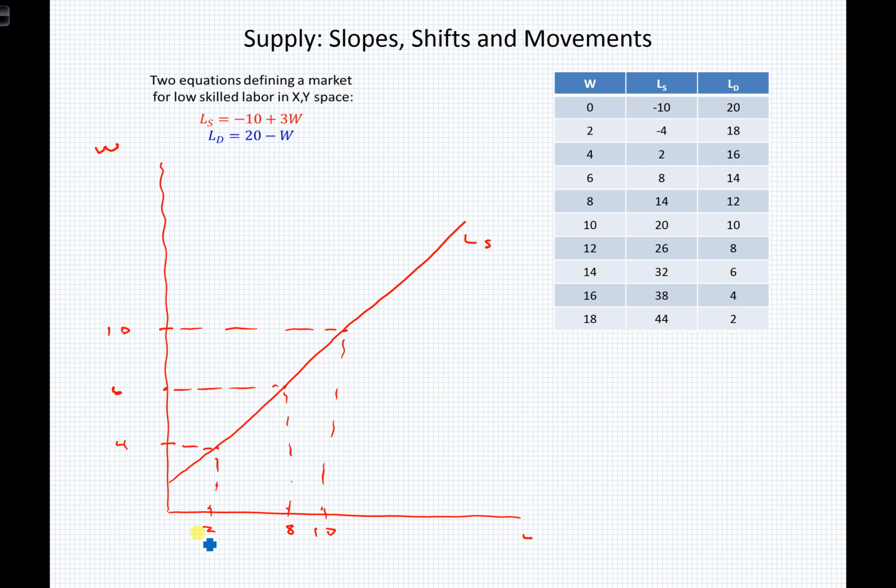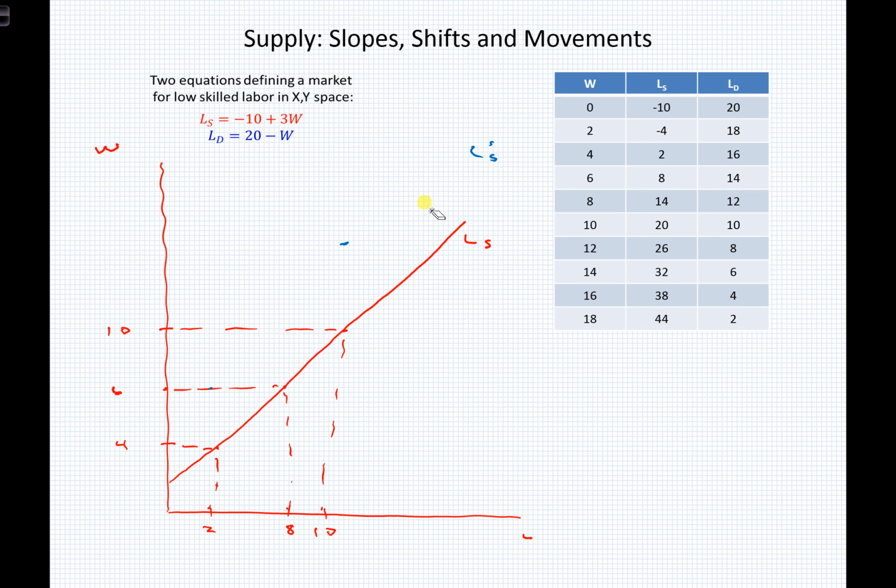What if that given level of labor of 2 required a wage of 6? Or let's say a level of labor of 10 required a wage of perhaps 14. We'd be out here, and we would see a new labor supply curve emerge that we might call LS prime.